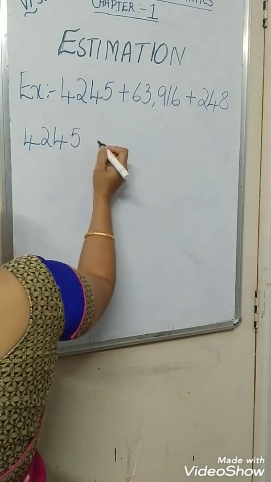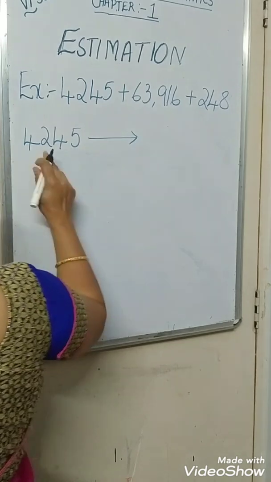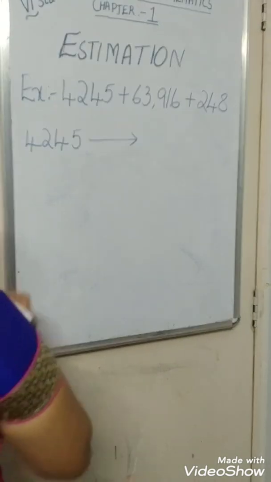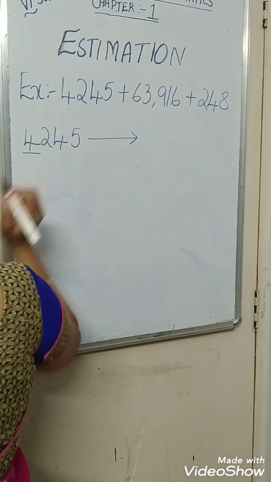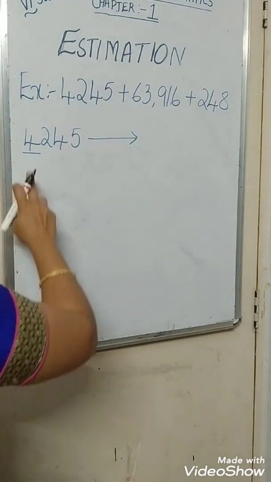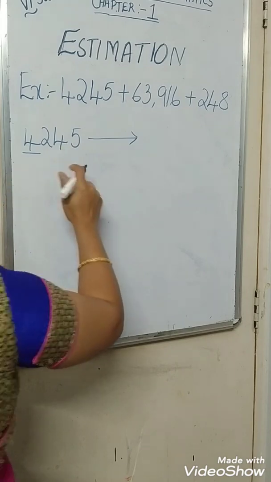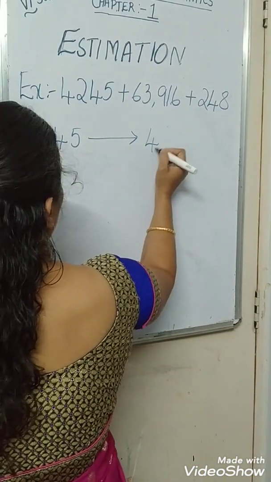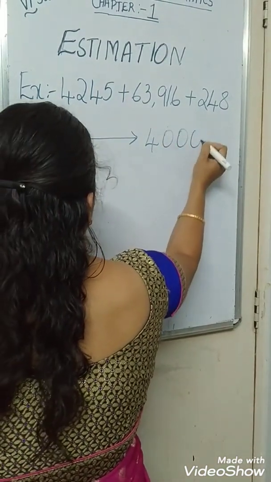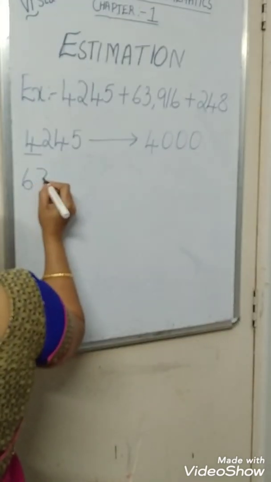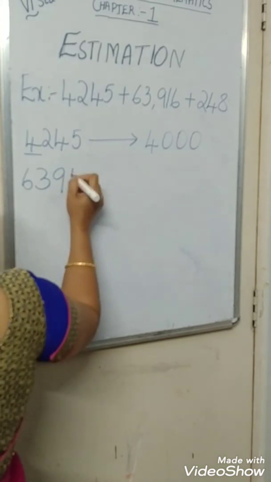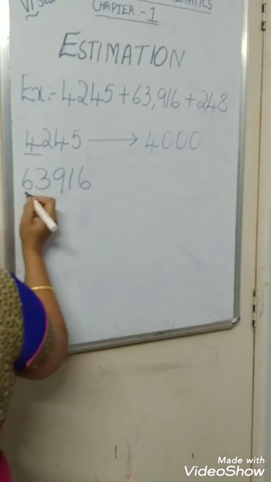4,245, to the greatest place. Here it is in the thousands place. So when we estimate it, we get 4,000. Now look at the next number, 63,916.